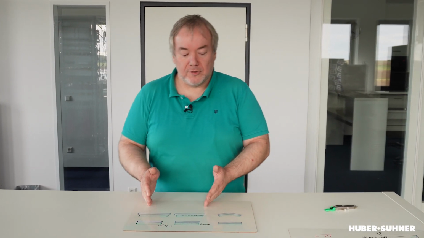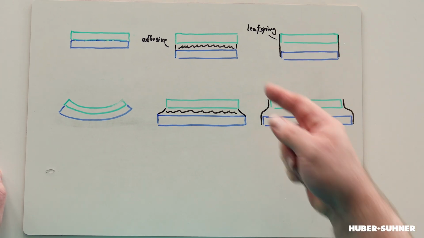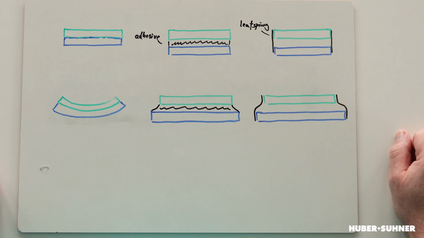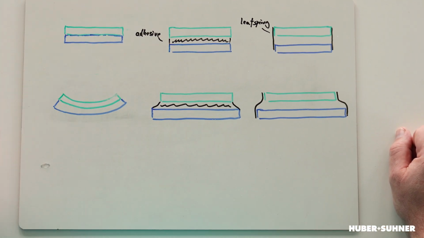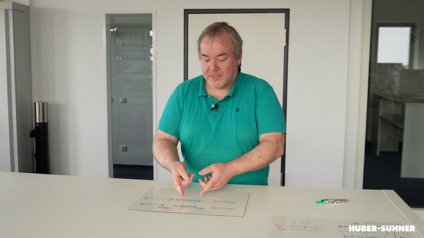There are two other situations. In the middle, the two materials are bonded together with an adhesive, and the adhesive has a certain thickness. So this means the adhesive, which is relatively soft, can equalize the stress between the two materials, and this causes the material to expand more or less freely without bending too much, and the stress is compensated.